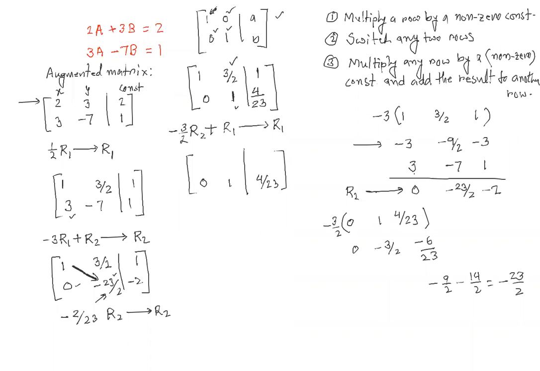Did I do it right? Yeah, the 2 cancel out. Yeah, -6/23. With that, I'm going to add the first row, which is going to be 1, 3/2, and 1. Okay. So 1, 3/2, and 1.